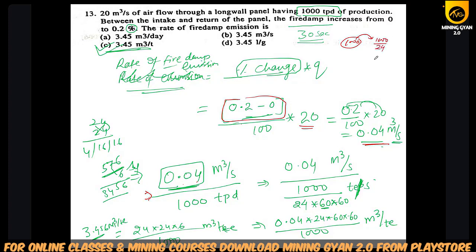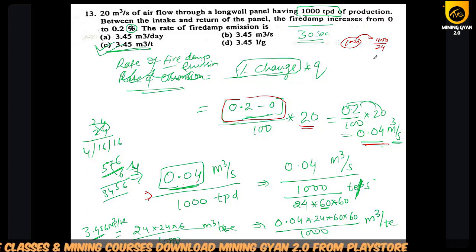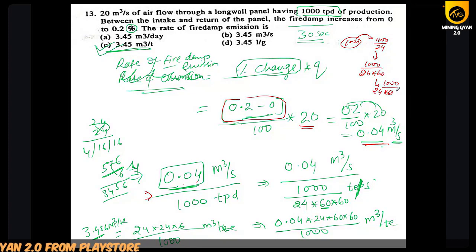That is hourly production. Now convert into minutes: 24 into 60, that is minute production. Now convert into seconds: in 1 second, how much production are you doing? So in that way, if you solve, you will get your answer.